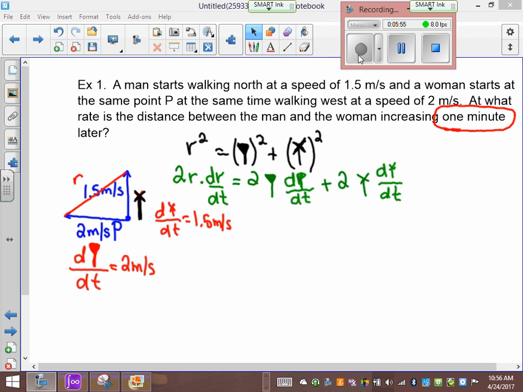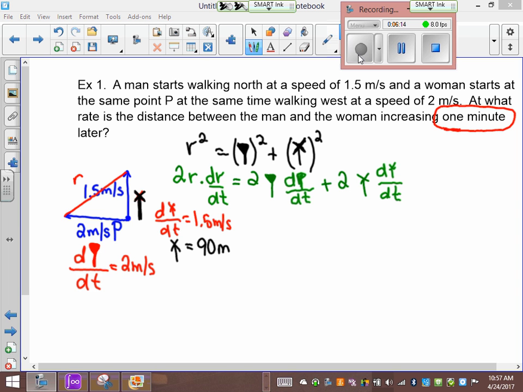So, at 1 minute, what's the side length of the railroad crossing going to be? 1.5 times 60. So what's that? 90.